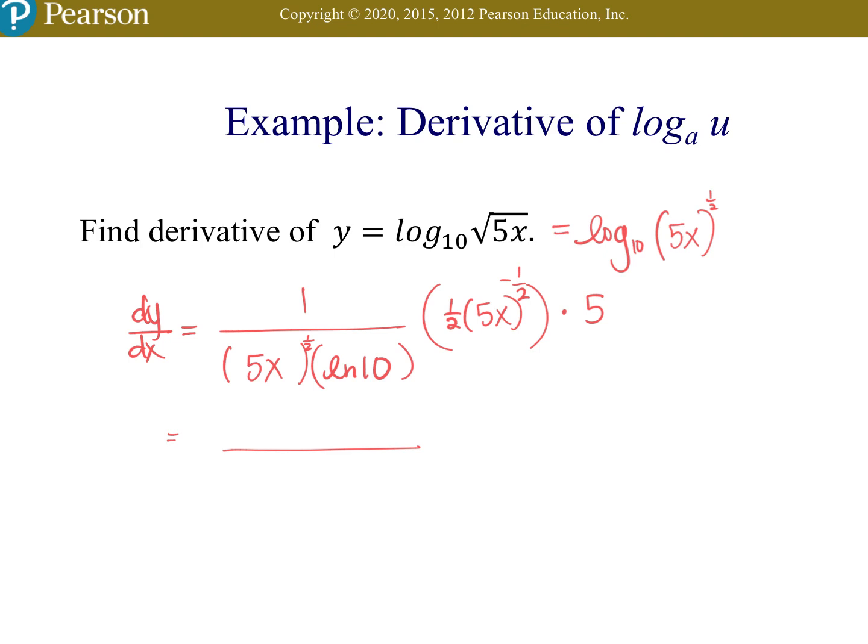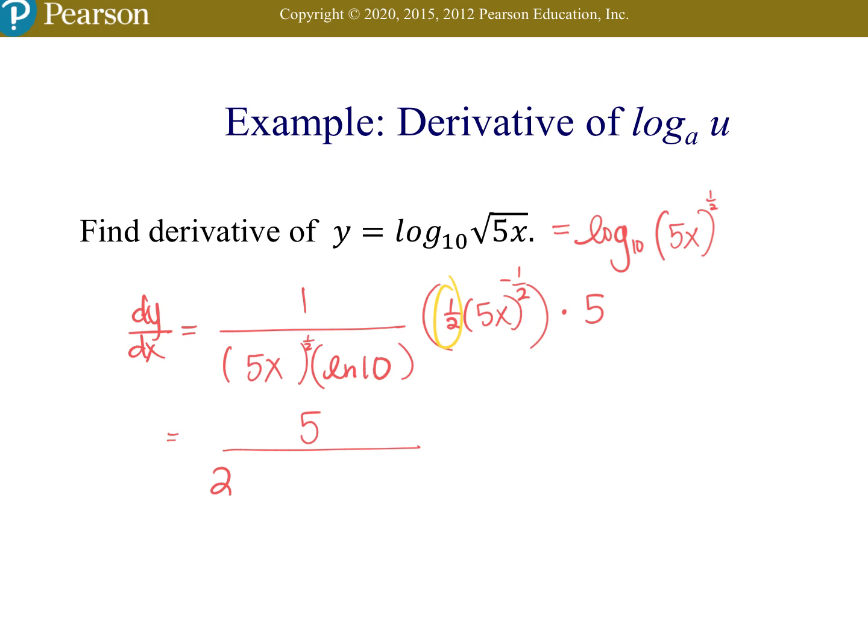Then we'll put everything together. So my numerator, what do you identify as the only thing left in the numerator? 5, that's it. Okay, my denominator, I recognize that there's a fraction of a half, so I'm going to put 2 in my denominator.